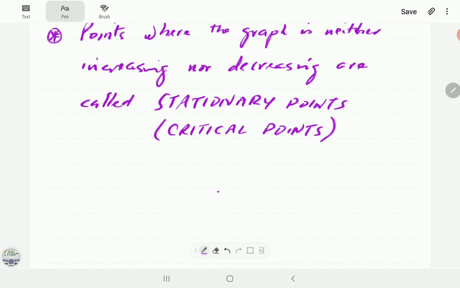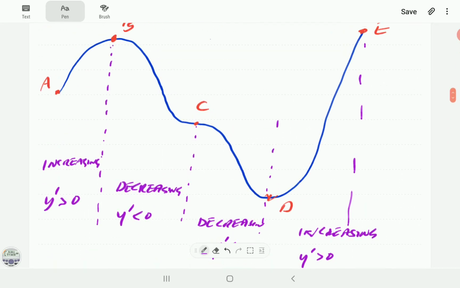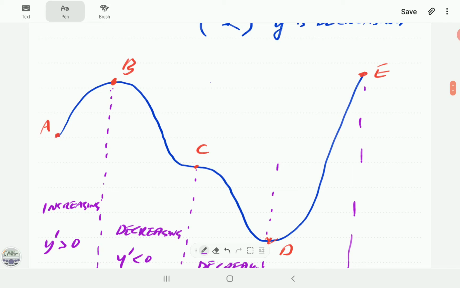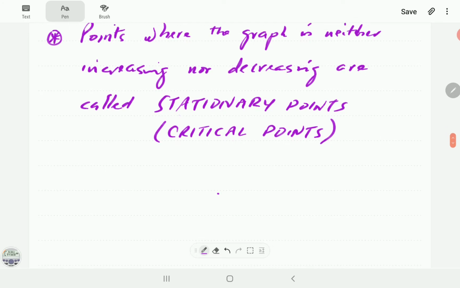Now, at these points, notice that the derivative is going to be 0. So the derivative is positive this side, negative this side. So as you go this way, the derivative goes from positive, decreases, then becomes negative here. So here it must go through 0. So at B, the derivative is going to be equal to 0.